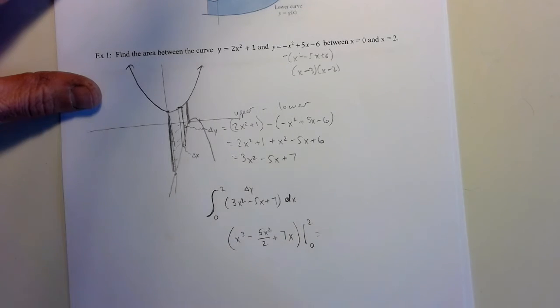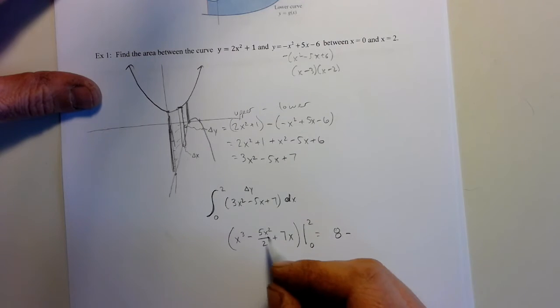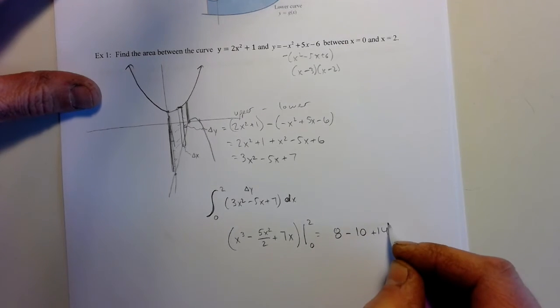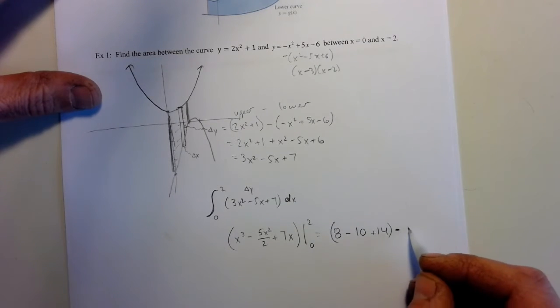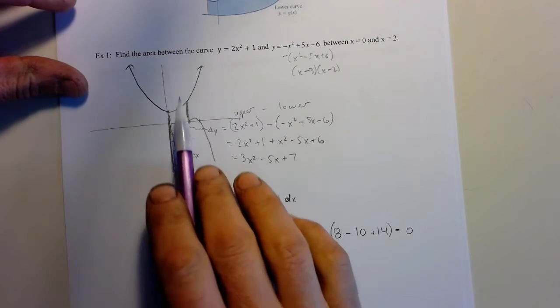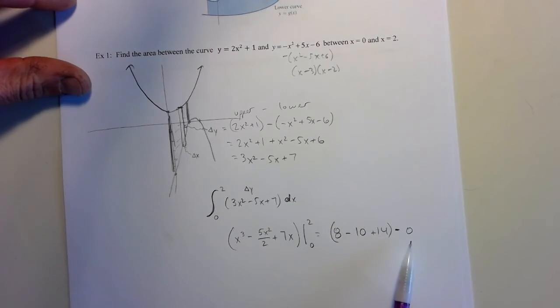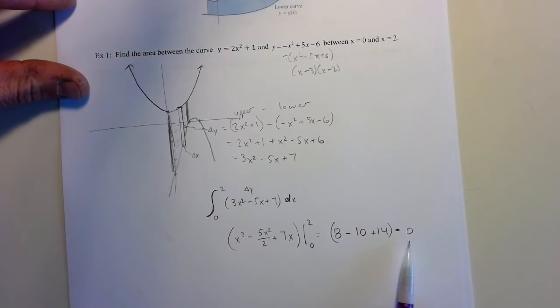I'll plug in 2 and that gives me 8 minus 10 plus 14. So that's the upper bound. The lower bound, I plug those in, and it's going to nicely give me zeros for all of it. It doesn't always happen that way, but because I told you it was starting at x equals 0, that's why it happens. If you see that it starts at x equals 0, it's pretty common that you get a 0 right here.